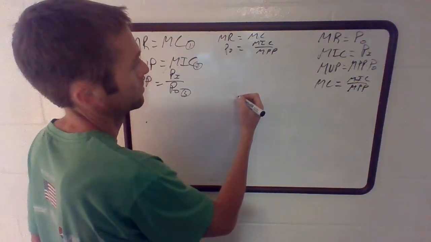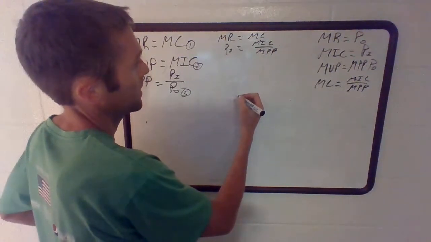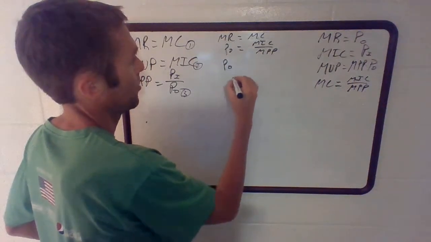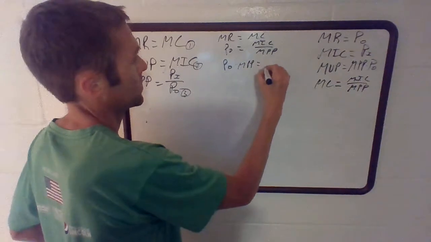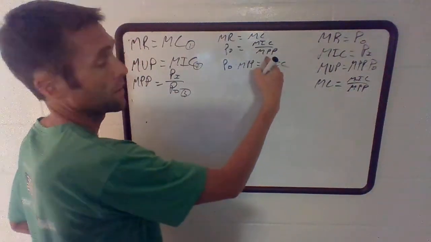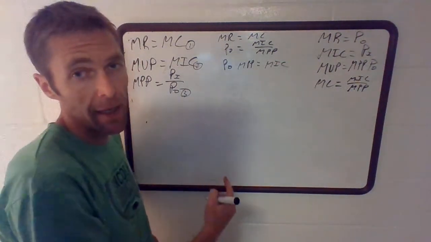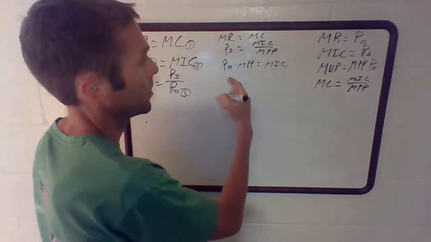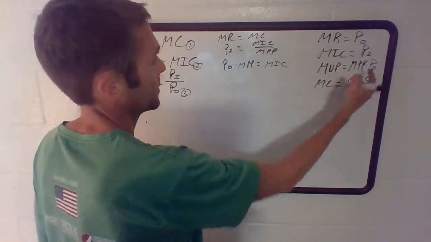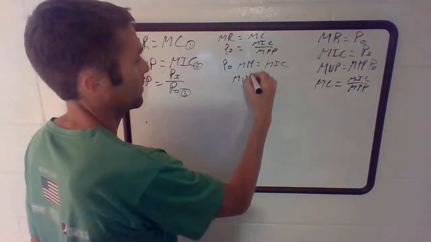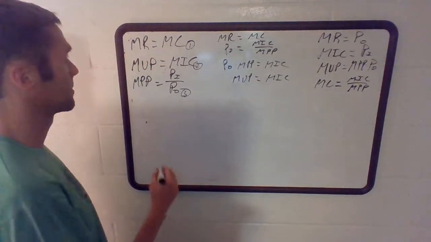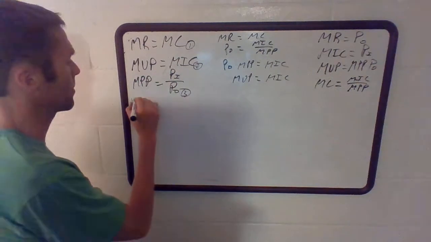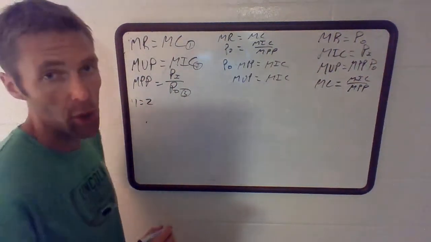And if I say the price of the output times marginal physical product is equal to the marginal input cost, so I've multiplied both sides by the denominator. Oh boy, price of the output times marginal physical product, that's marginal value product, that's equal to the marginal input cost. Boom. So we've now proved that 1 is equal to number 2.